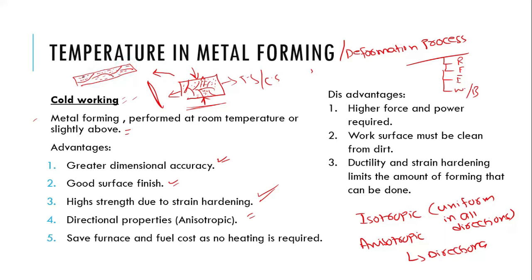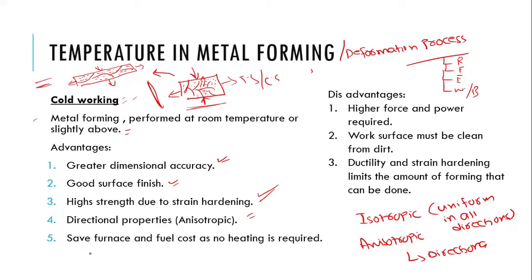So atoms have more space to slide when they are subjected to force in this direction, while atoms have less space than before in this direction to slide over each other. It means the material will deform less in this direction, while it will be able to deform more in this horizontal direction. So it is behaving anisotropically. The cold working operation gives rise to anisotropic behavior in the material.